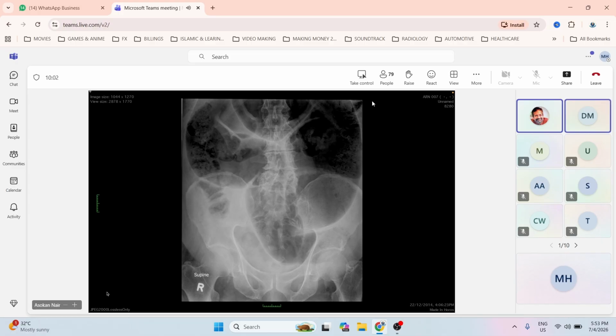What's the treatment for this? I would inform the primary team, and then proceed with a CECT abdomen pelvis, and also to assess for the transition point at the sigmoid.